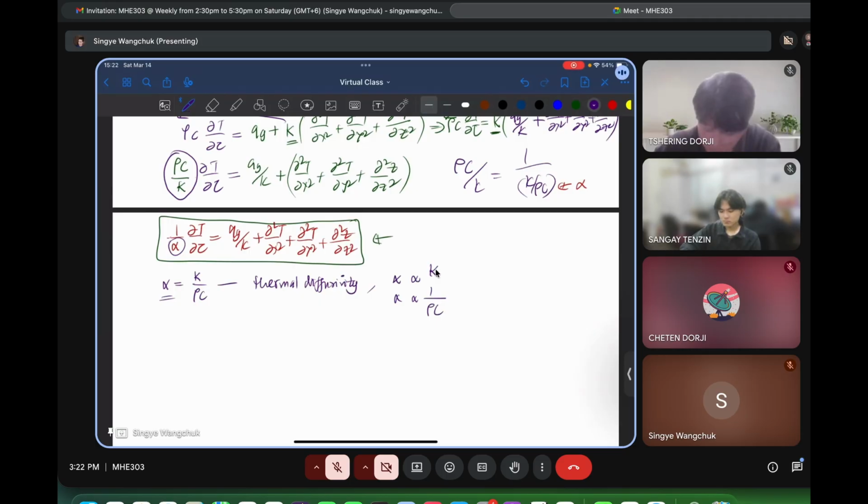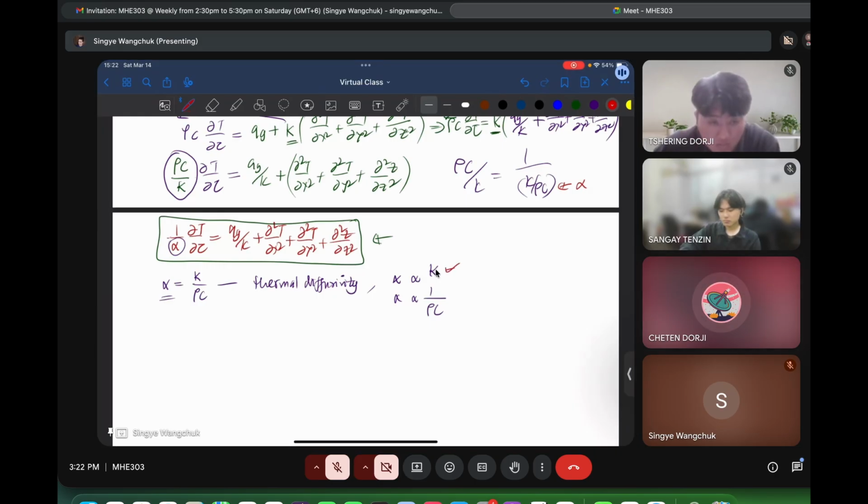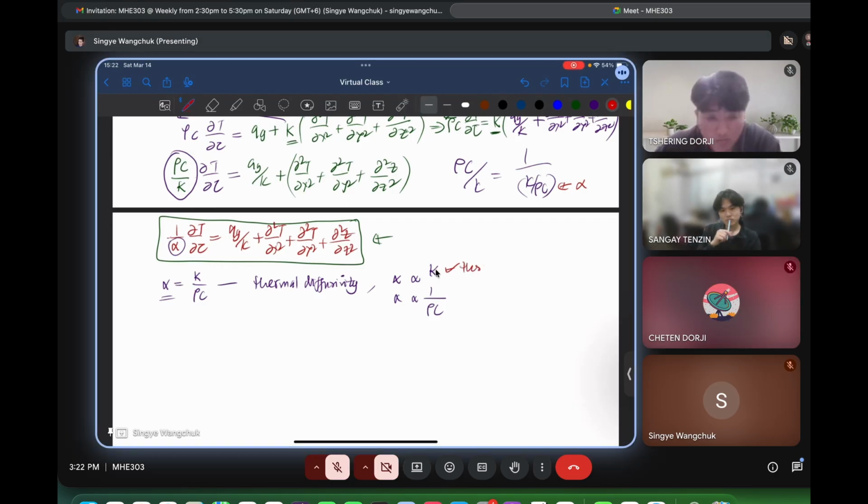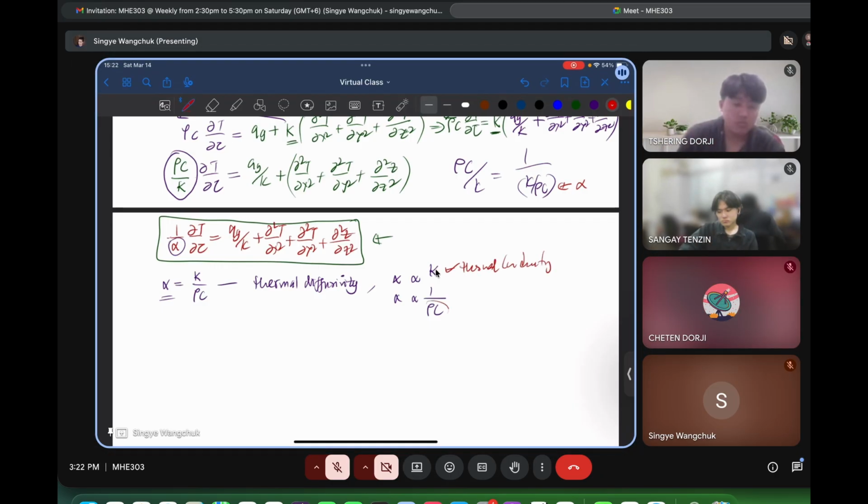What is this k? It is the coefficient of thermal conductivity. And this rho c is called the heat constant.